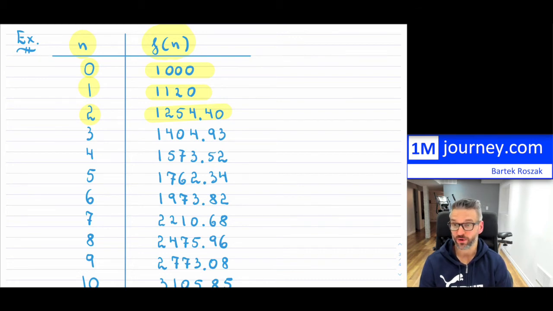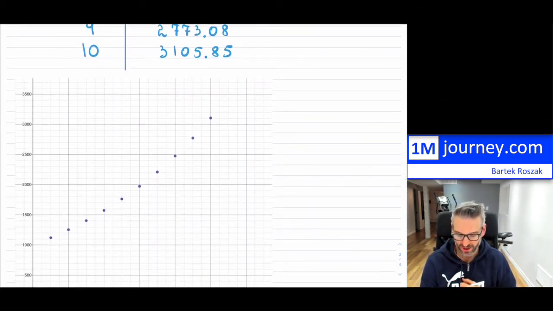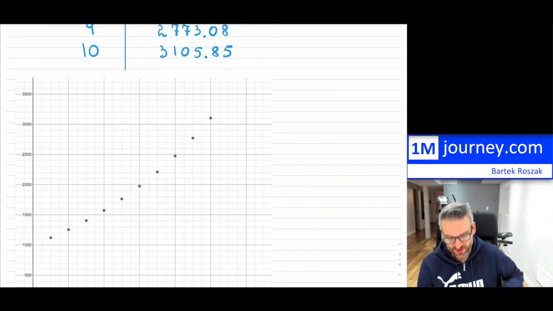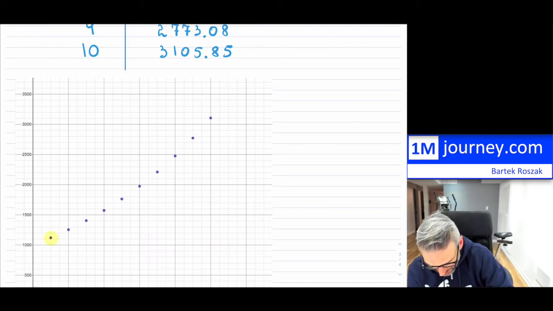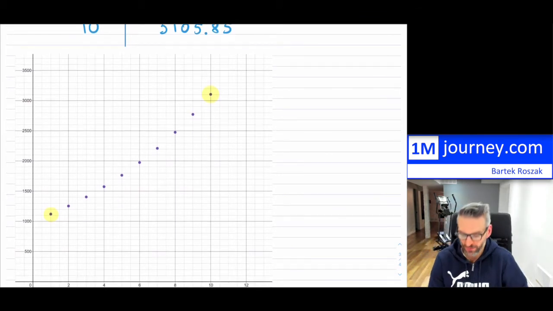Now we have many points here, in fact we have 10 points, and I've also plotted this. So notice that this is kind of how it looks. So I'm only plotting the actual points. And now here, let's take a look at how we could find our rate of change. So if we take this, what we can do is, let's say I would take the first point, or I guess this is my second point at 1.